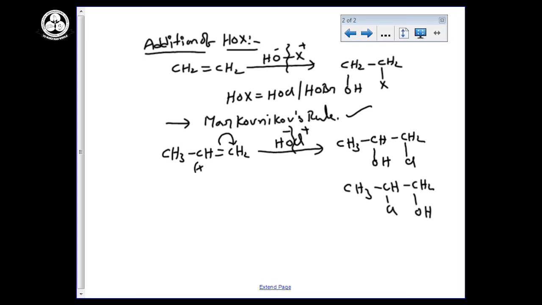So the plus here can be attacked by the minus, and this one is the major product, and this is the minor product. Okay, so this is the addition reactions. Next class we will see the remaining chemical properties of alkenes.